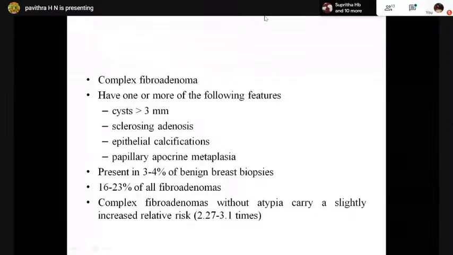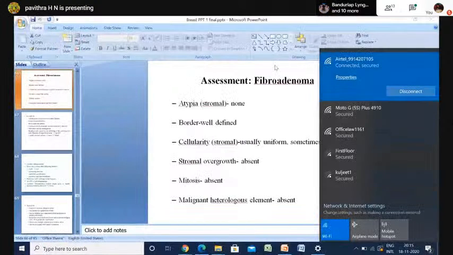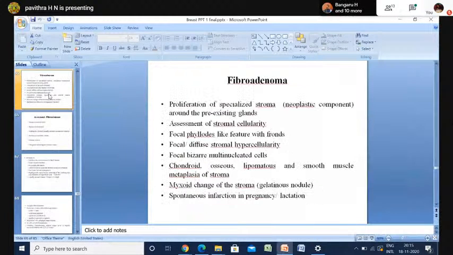Please check the internet connection at your end. Is it better now? Yes, your voice is audible now, but please go to the full screen.